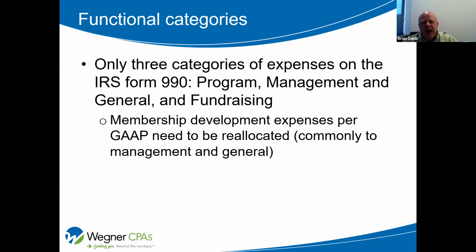Many nonprofits that have membership development costs in their financial statements are not 501(c)(3)s or (c)(4)s in the first place, and so they don't need to have that allocation done because that part of the 990 doesn't apply to them.